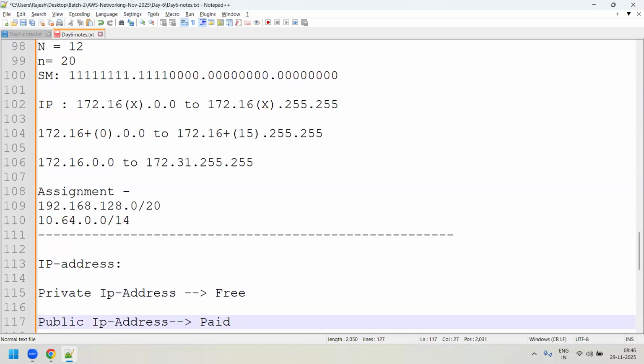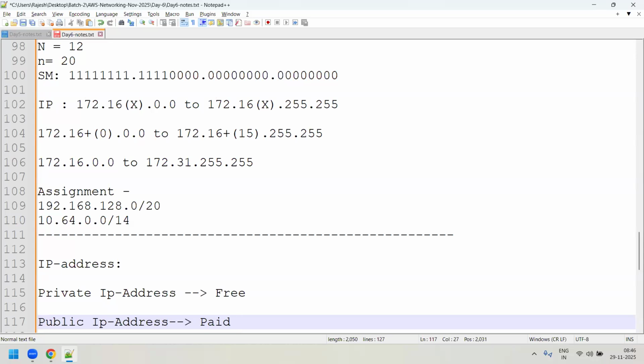Whenever the system administrator requests an IP address, you will go and allocate an IP address for the requirement. In an organization they will have a lot of public IP addresses because they want to do so much communication over the internet.